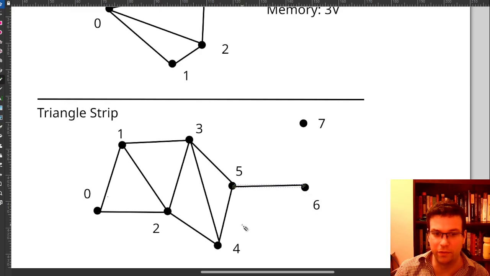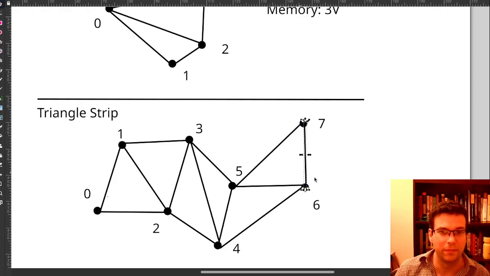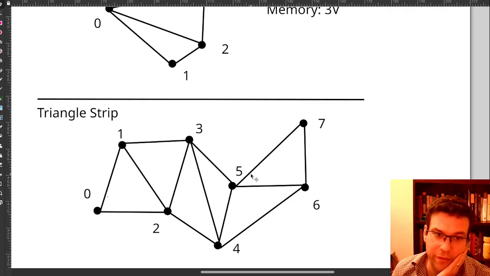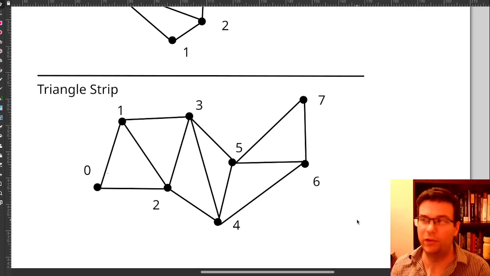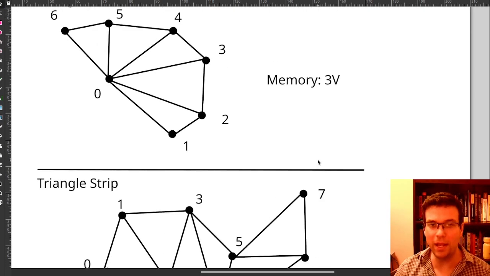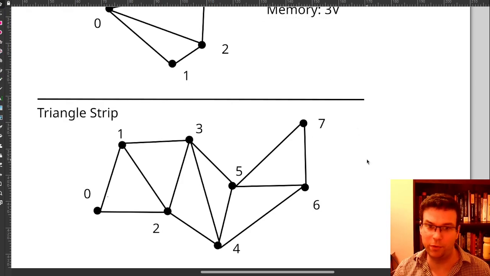So there we have 4, 5, 6, 5, 6, 7. And that's your triangle strip. Notice this didn't have to be like a triangle fan. We didn't have to have that one central vertex, but it does have a strip structure, so it has a top and a bottom. And this also has 3V memory, right? If I lay out the vertices in this special order, then the triangles are implied.